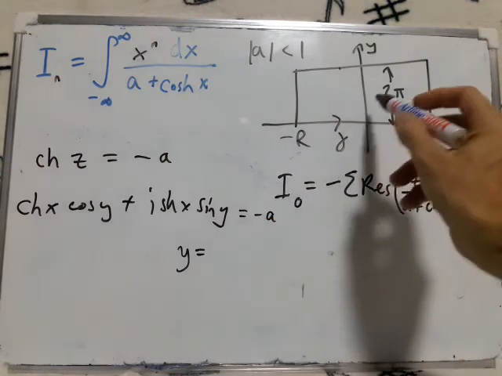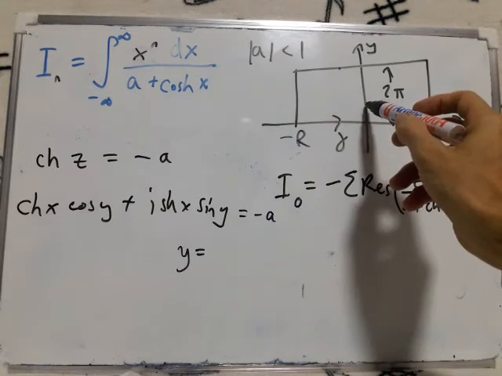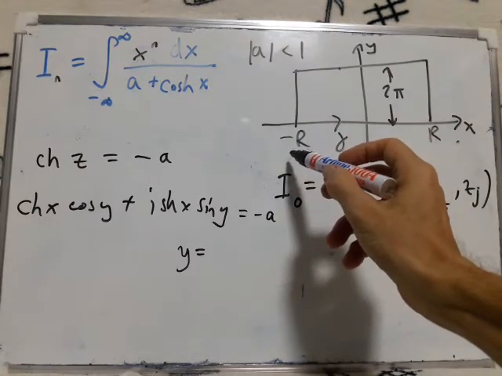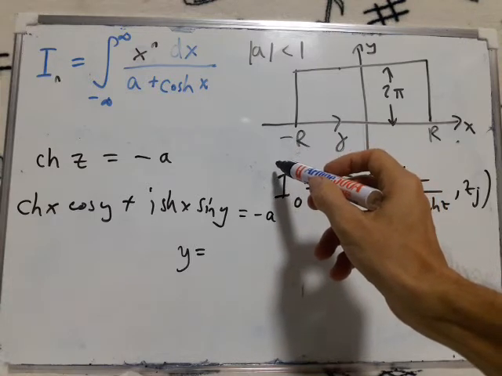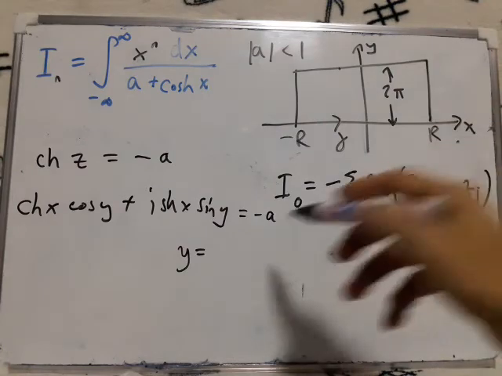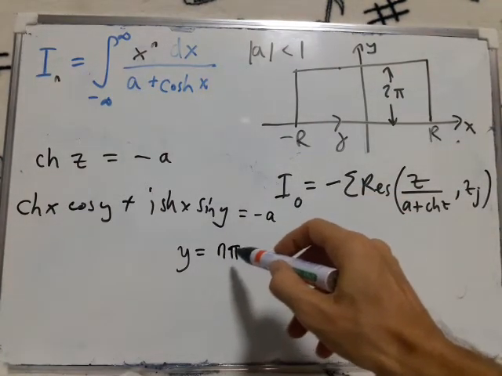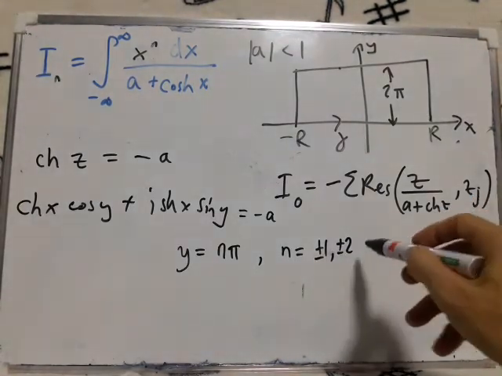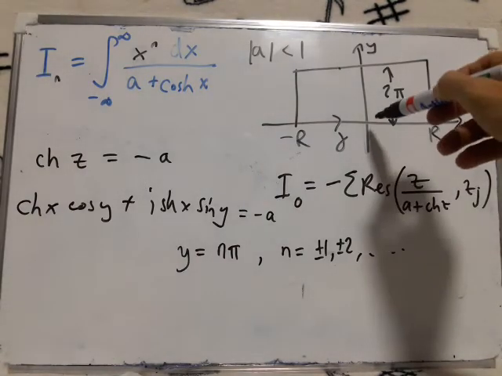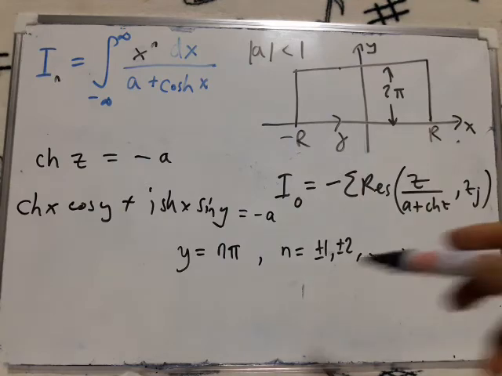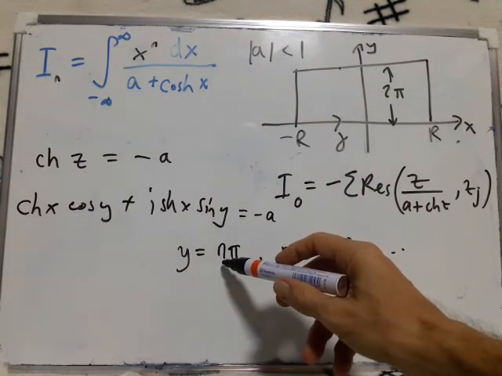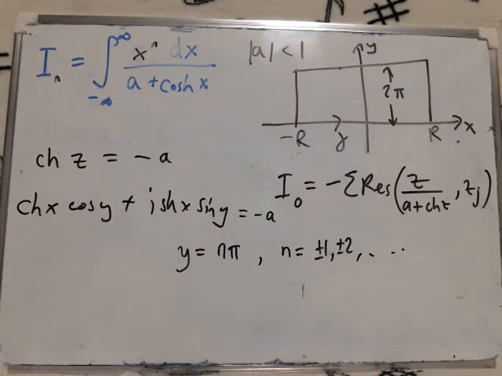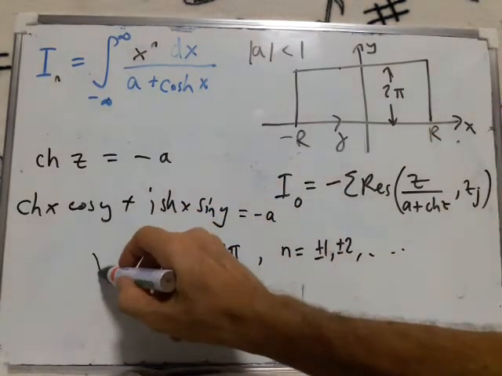Now, okay, we're only interested in poles in this region here. So in fact, we're going to end up with just n equals plus 1. Anyway, so we've got y sorted out. Forgot to write x equals 0.